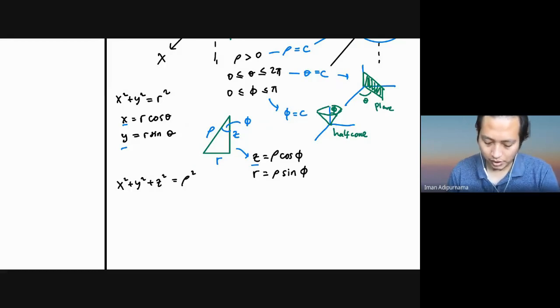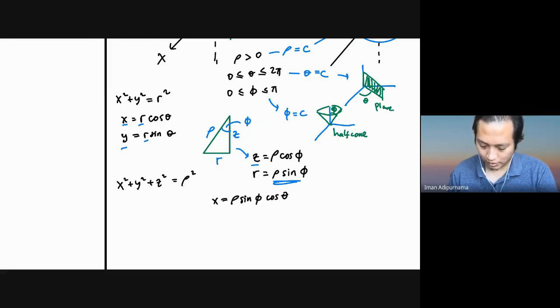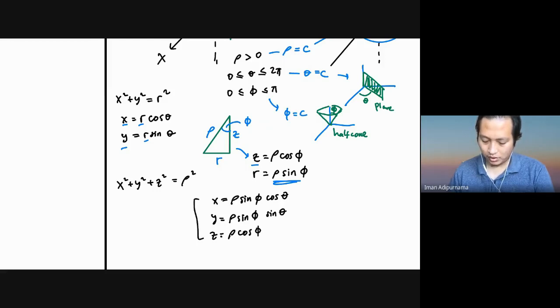And because we are getting rid of r, so our r will be changed to this. So our x will be rho sine psi cos theta, and y will be rho sine psi sine theta. Let me write z maybe here. I will write again here. So this will be our main conversion for this spherical coordinates.